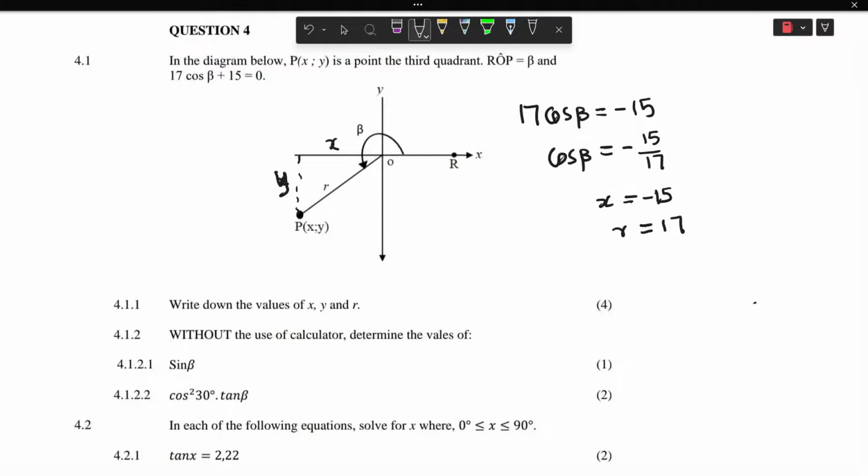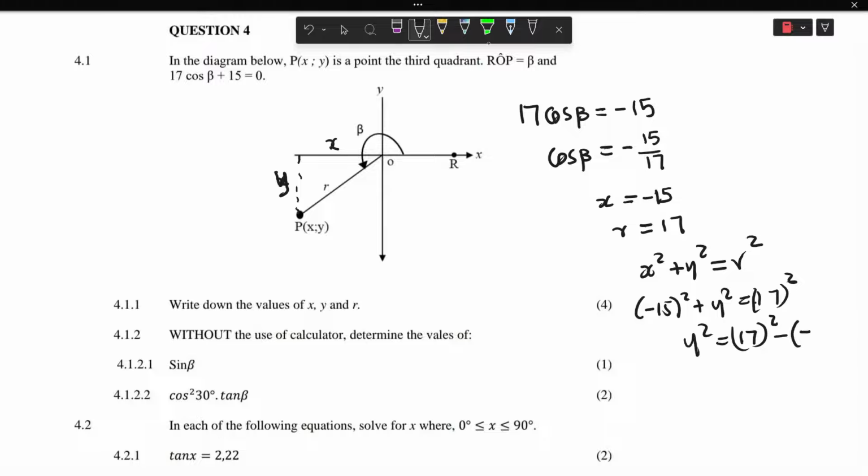So it's 15. So on this other one, I'm going to use the theorem of Pythagoras. That's x squared plus y squared is equal to r squared. That will be minus 15 squared plus y squared is equal to 17 squared. And then y squared is equal to 17 squared minus negative 15 squared.